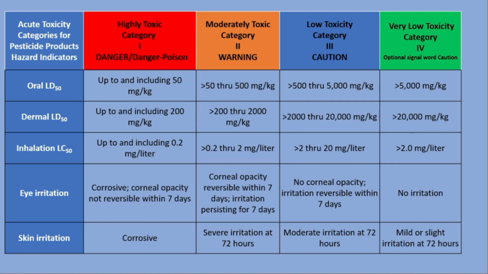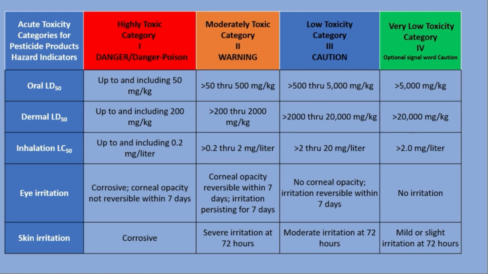Let's take a look again at the left column on our chart. Let's go down to dermal LD50. When we talk about dermal LD50 and we look at it under column 1, highly toxic, category 1, danger/danger poison, we see it's up to and including 200 milligrams/kilograms. If we look at dermal LD50 under moderately toxic, category 2 warning, it's going to be greater than 200 through 2,000 milligrams/kilograms.